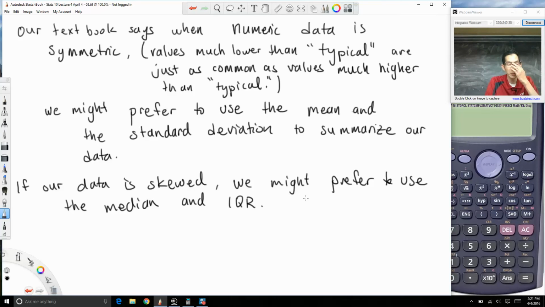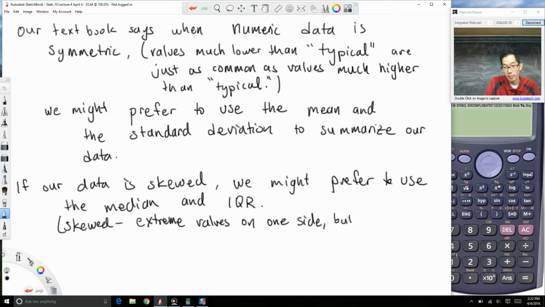And what does it mean to be skewed? Skewed distributions mean you might have extreme values on one side, but not on the other side. So skewed would be extreme values on one side, meaning very low or very high, but not on the other.